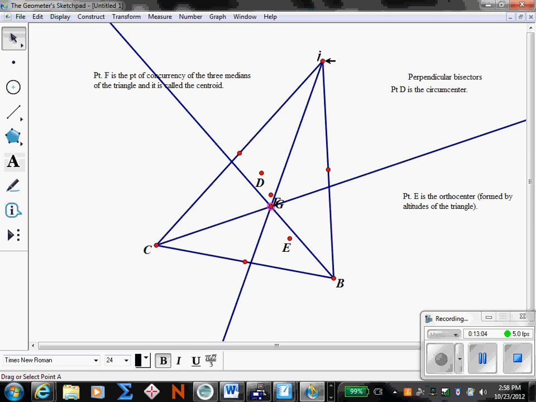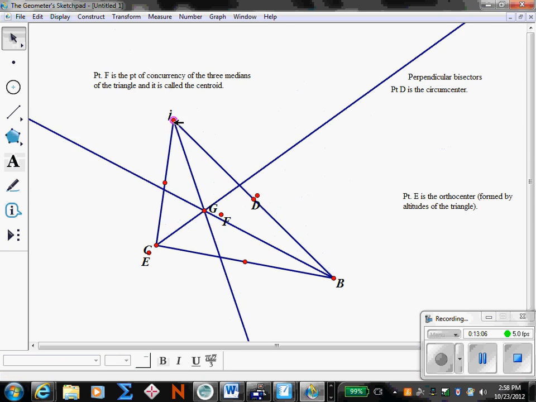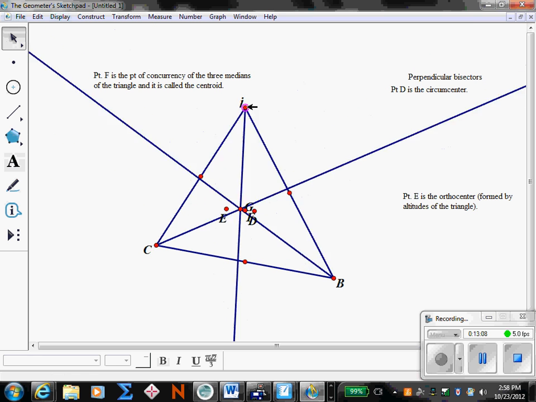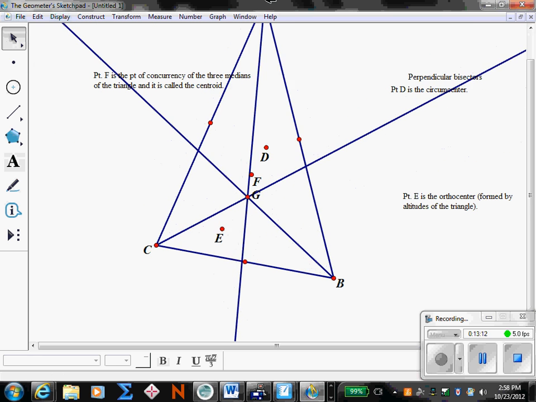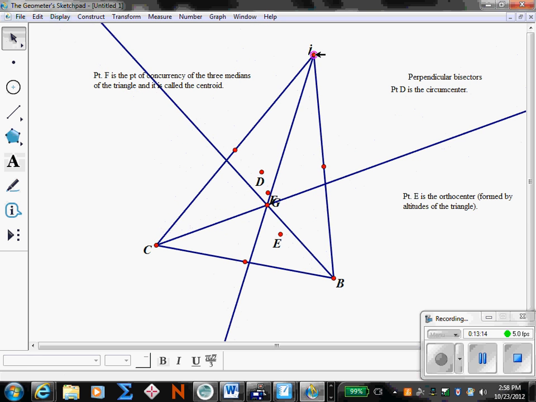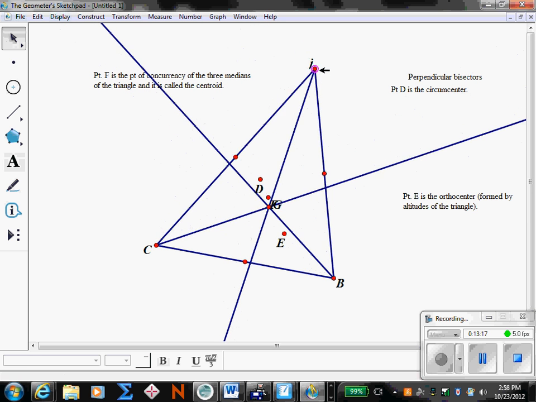So point G is my in-center. You will want to save this picture because we will refer back to it.